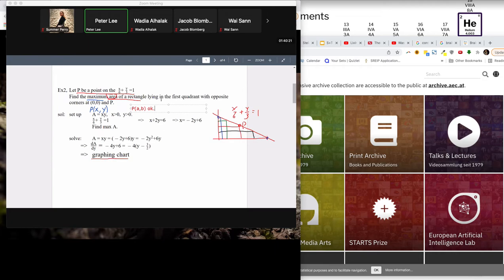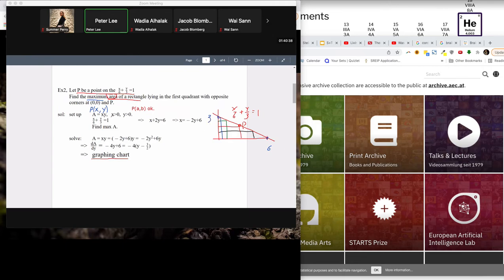So now we call this guy. So now what is it? What's the area? Area is equal to xy. Area is xy, and then x is bigger than 0, y is bigger than 0. Actually, we can say this guy is 6, and this guy is 3.